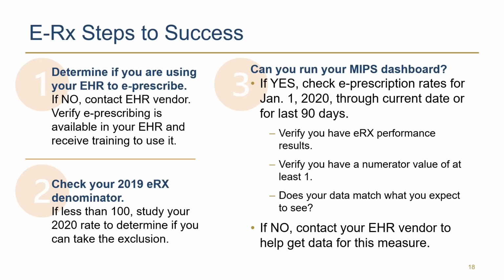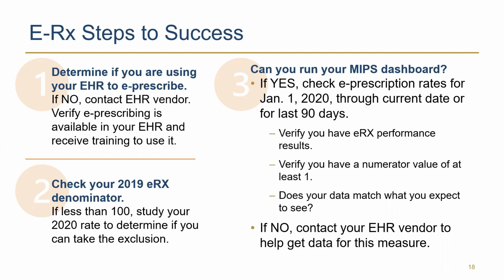If you do have a performance rate, look carefully at the values. Do your numerators and denominators seem to be a good representation of your patient population or not? If not, work with your EHR vendor to identify whether all data is being captured correctly. You can also look at your denominator for 2019.